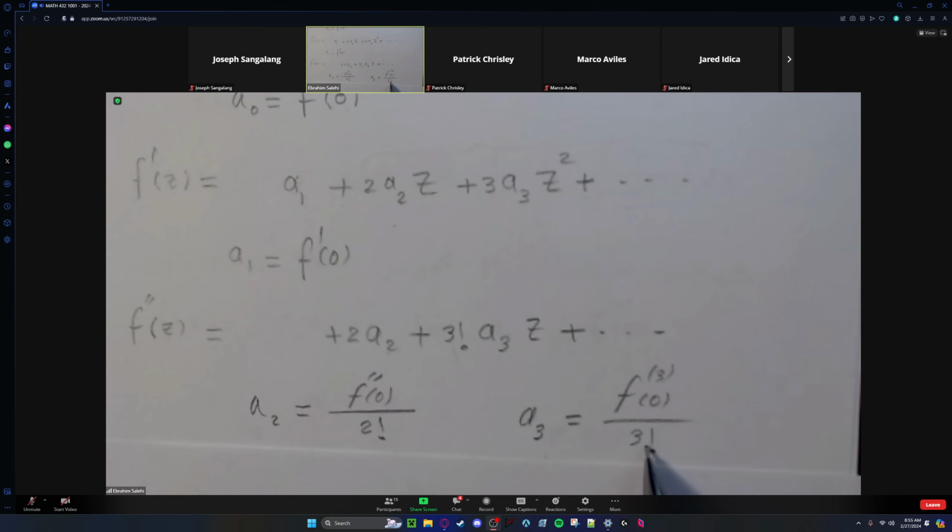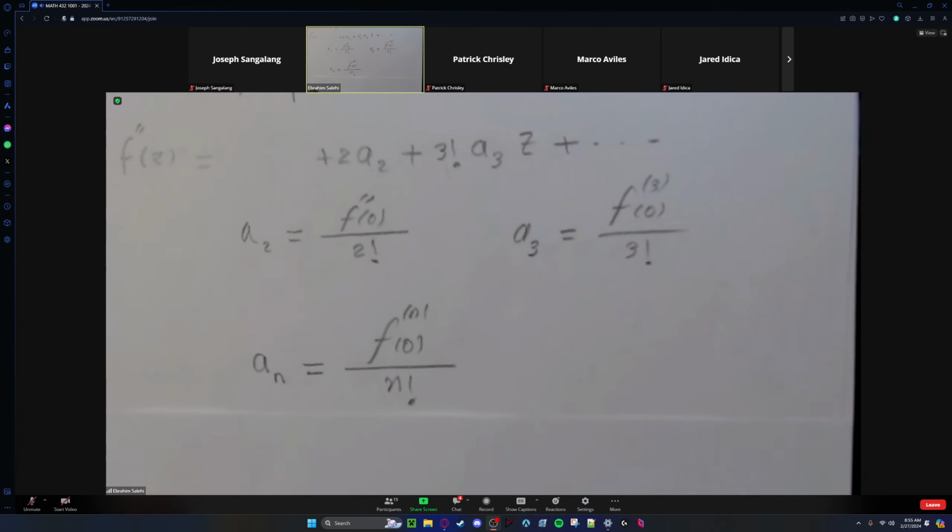Here is a3. In general, you will have a sub n, the nth derivative evaluated at 0 divided by n factorial. So those are the coefficients.